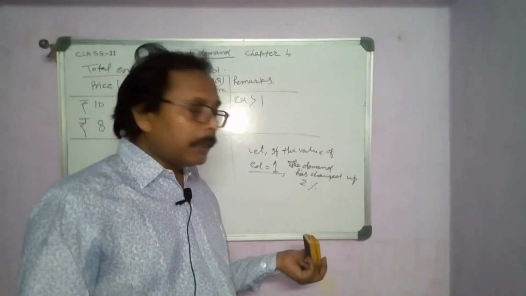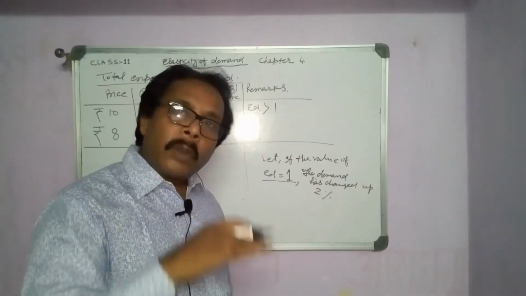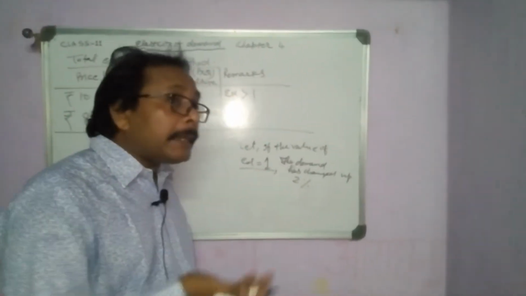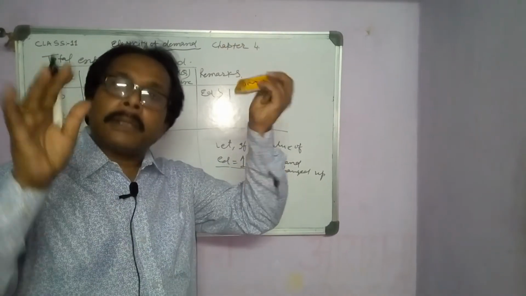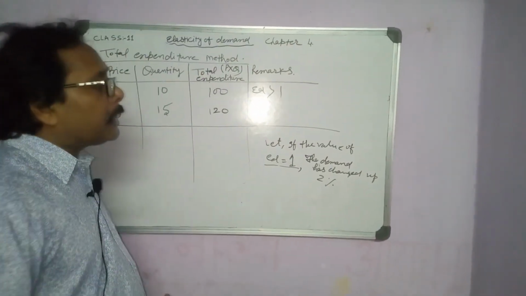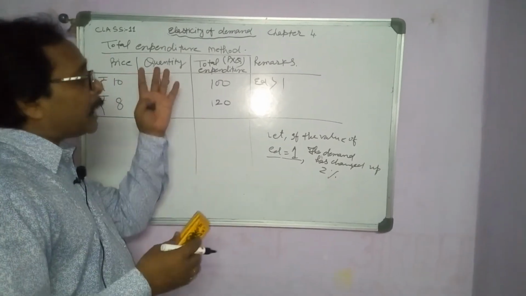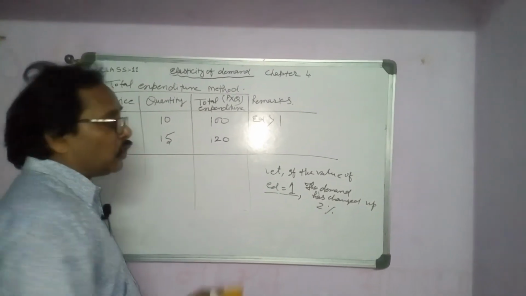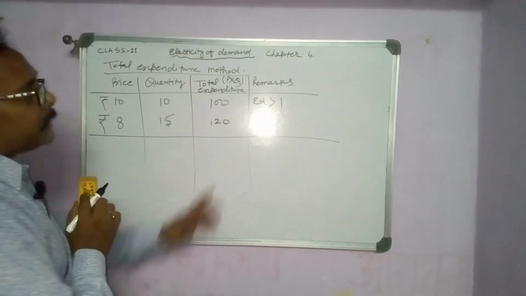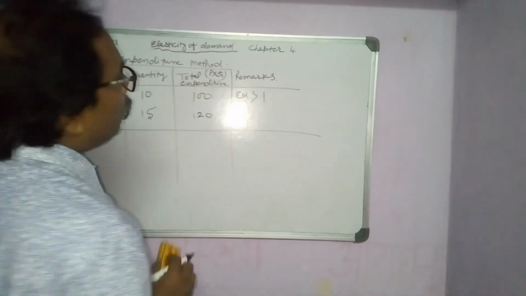If the price has fallen 1%, the demand has increased 2%. If the price has increased 1%, the demand has fallen 2%. So ED indicates the percentage change in quantity demanded relative to the percentage change in price. Is it clear? So here it indicates that ED is greater than 1.